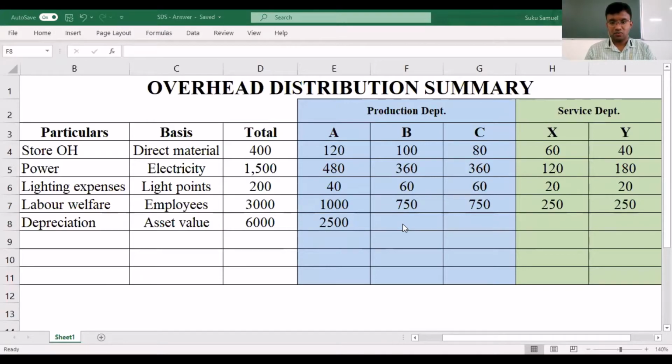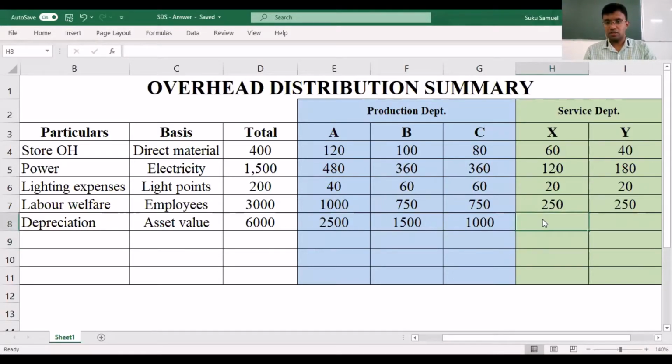Next one, the asset value is 30,000. So 30,000 divided by 1,20,000 into 6,000 works out to be 1,500. Next one is 20,000. So 20,000 divided by 1,20,000 into 6,000 works out to be 1,000.